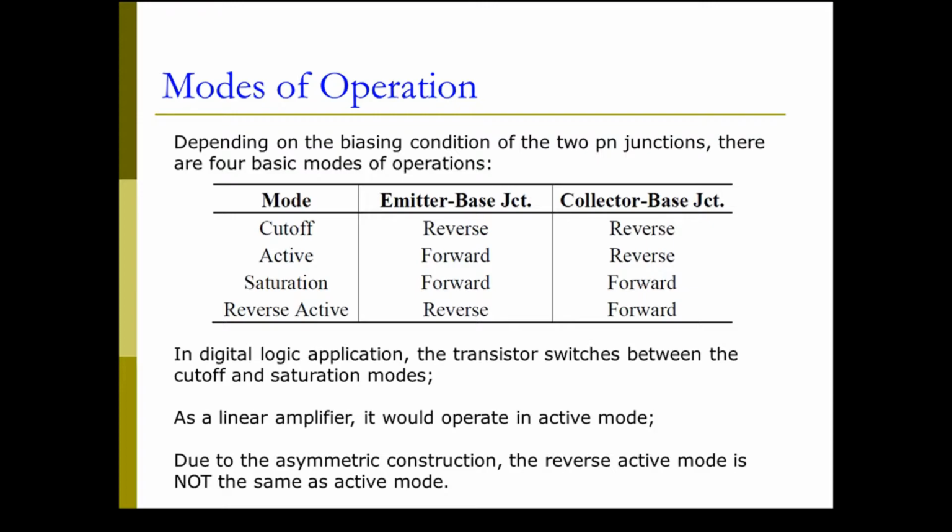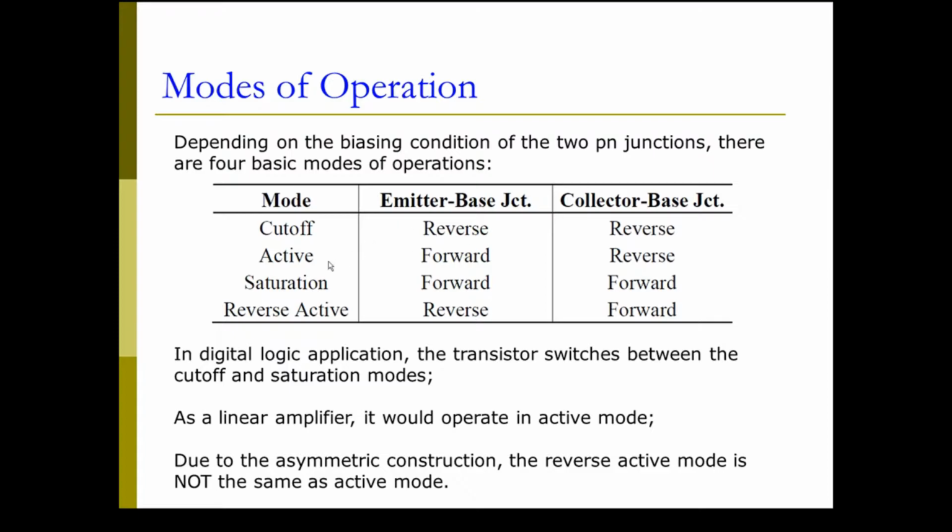In the cutoff mode, the EBJ is under reverse bias condition, and the CBJ is also under reverse bias condition. Both junctions are reverse biased, and we expect no current flow. The transistor is totally shut off, so there's no current flow.